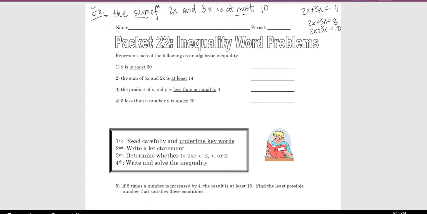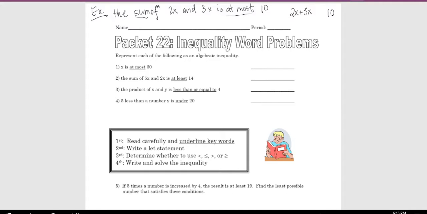So to describe this as an inequality, there's a range of options. It could be 2x plus 3x equals 8, it could be 10, it could be 5. So to describe the range of possibilities, we know that 2x plus 3x can never be bigger than 10.